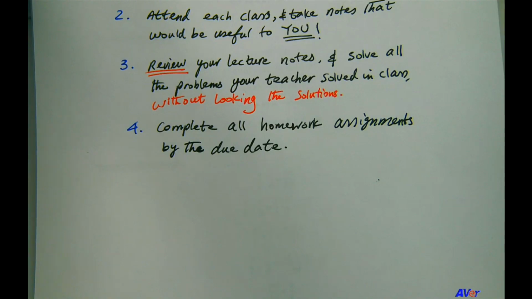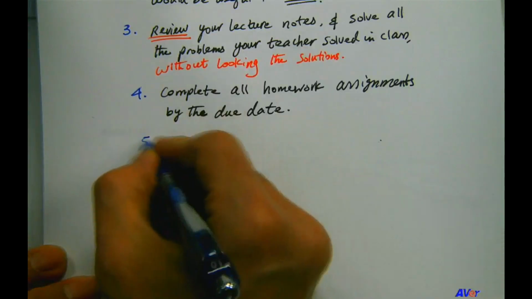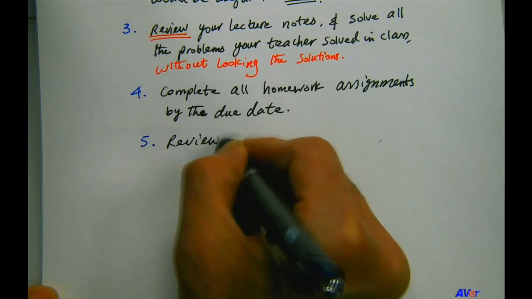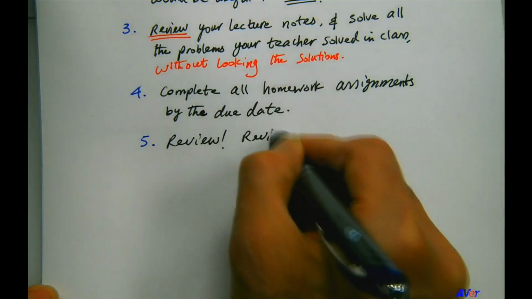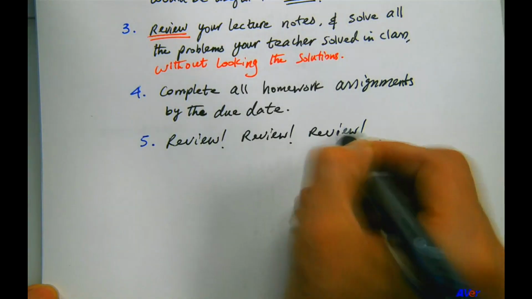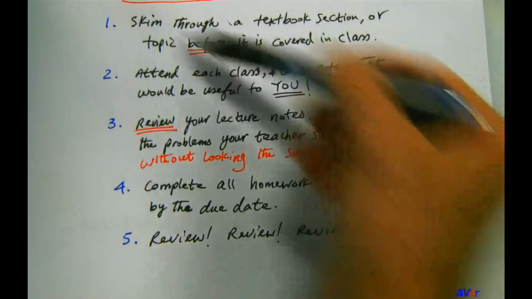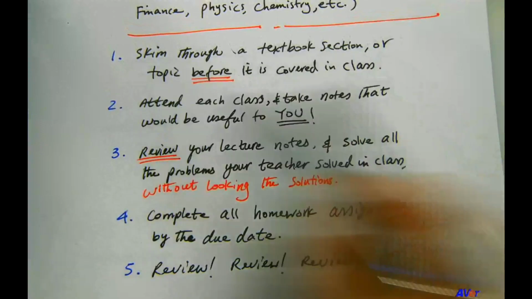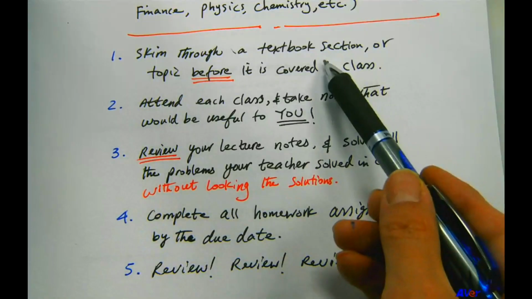And last step, review. Very, very important. So you do want to go through all these steps. Maybe step 1, the first time when you skimmed through the textbook section, maybe it took you an hour.